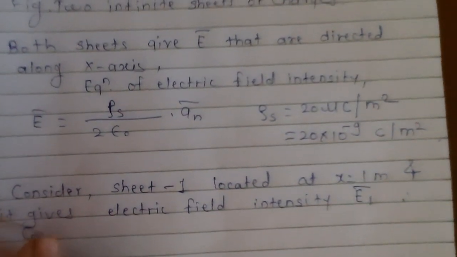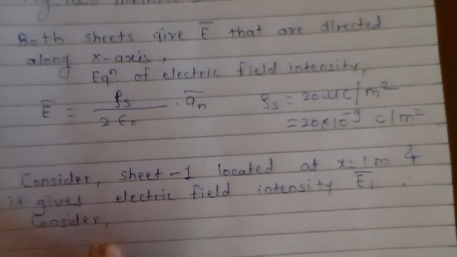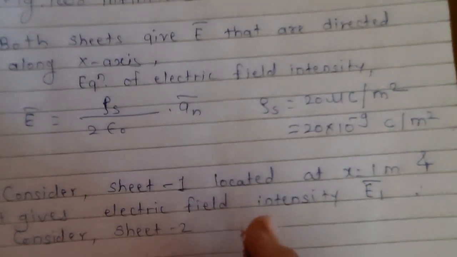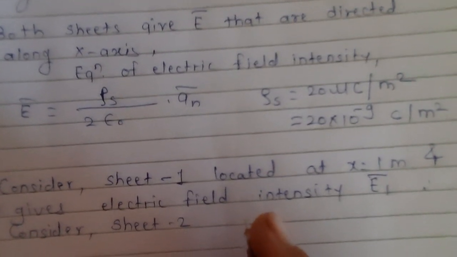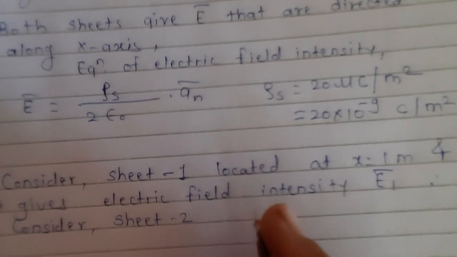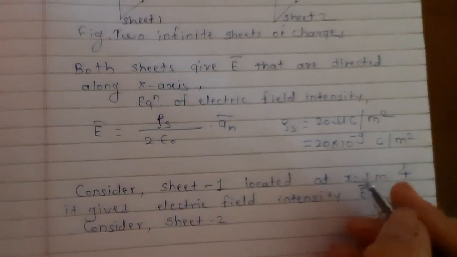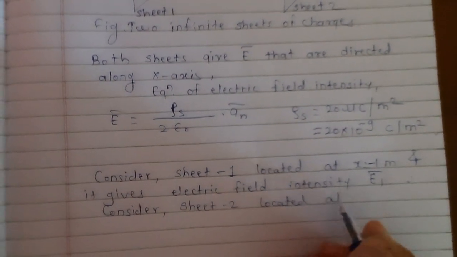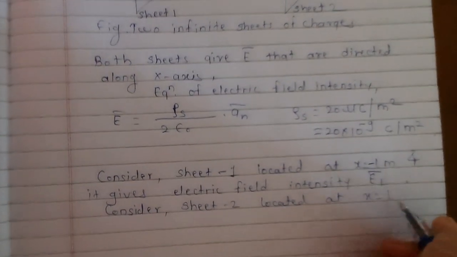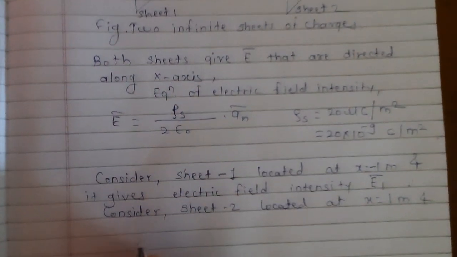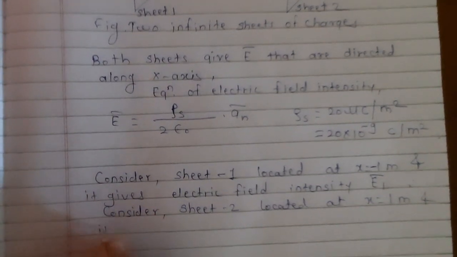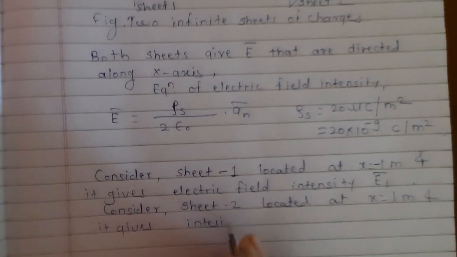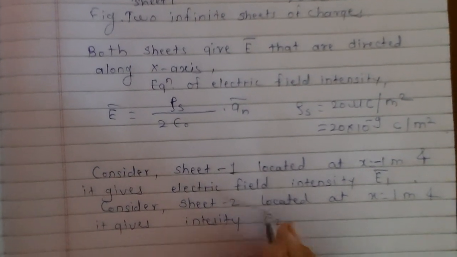Similarly, consider sheet 2, located at x is equal to minus 1 meter, and it gives electric field intensity E2 bar.